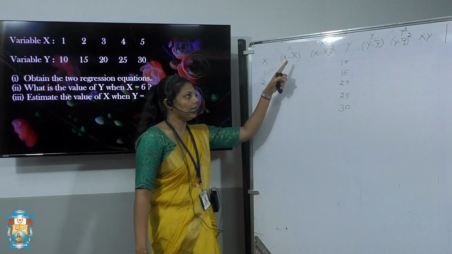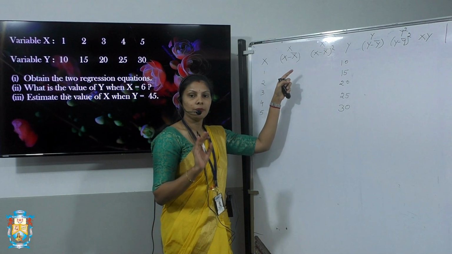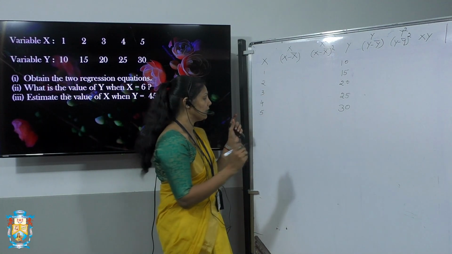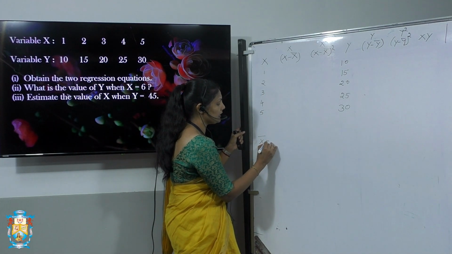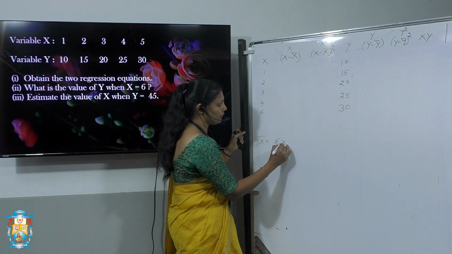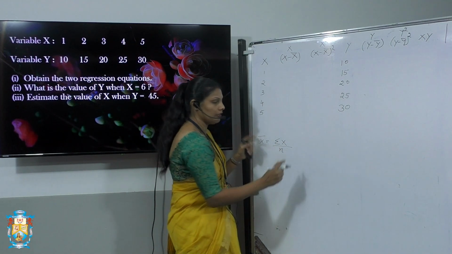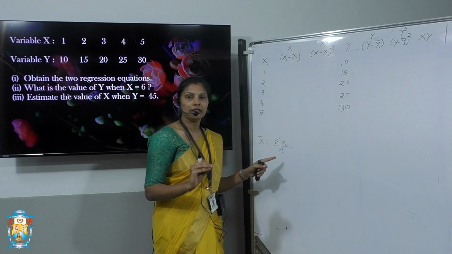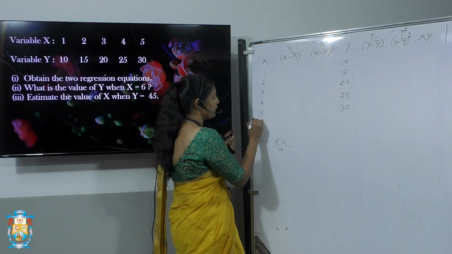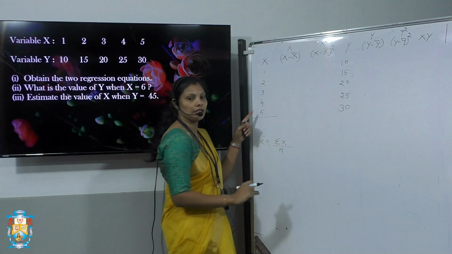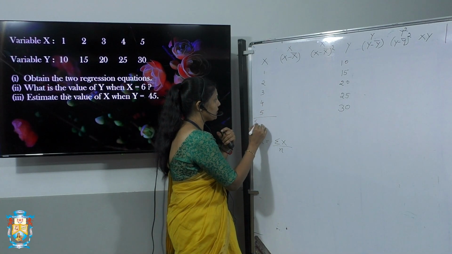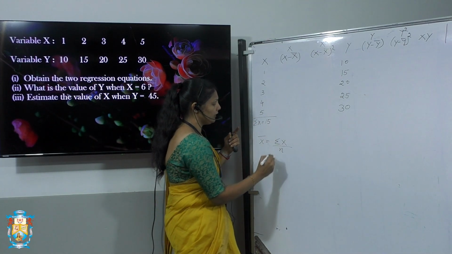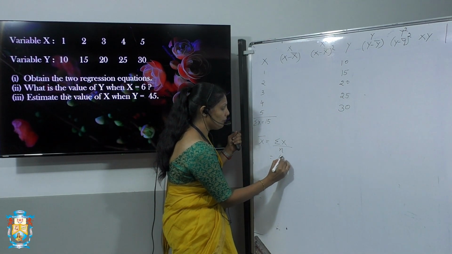Now to get x bar, as I have told in the formula, x bar is nothing but the arithmetic mean of the x series. X bar is the sum of all the values of x divided by n, where n is the number of variables present. Here summation x is 15, so we take 15 by n.